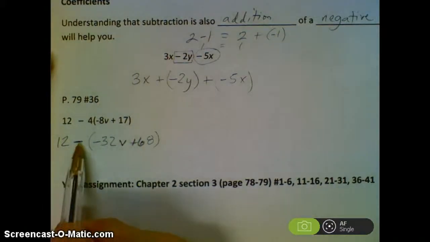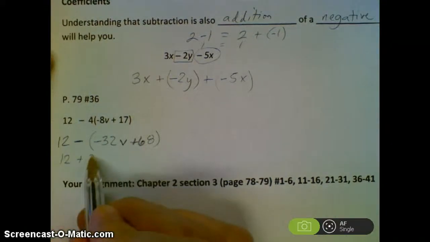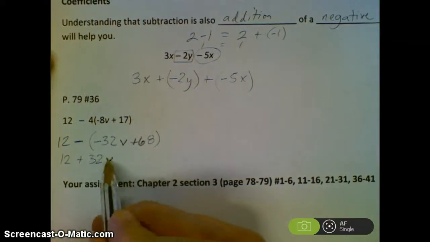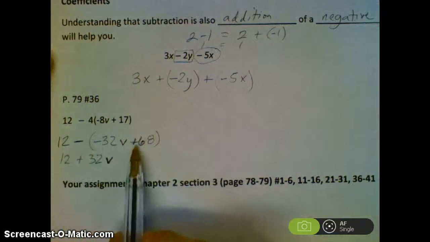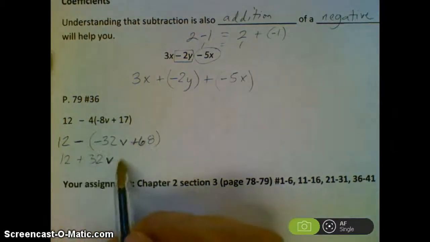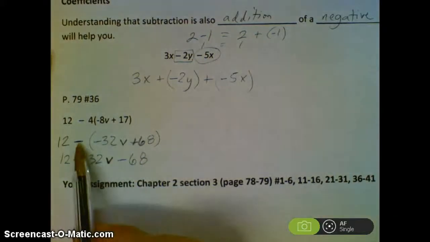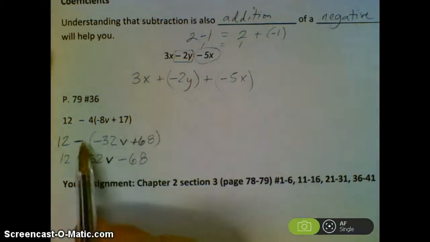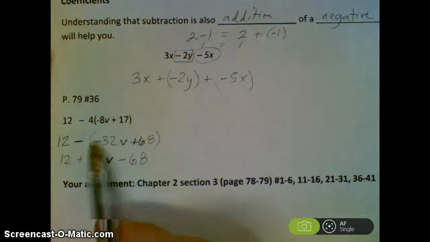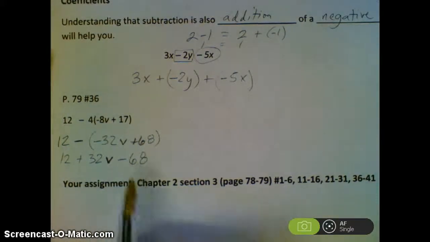If I subtract a negative, I'm actually adding. So this is 12 plus 32v. And subtracting a positive is just subtracting, so this would be minus 68. This is kind of like the distributive property in that if I'm subtracting everything in these parentheses, I am subtracting this negative, I'm also subtracting this positive. So the answer would look like this.